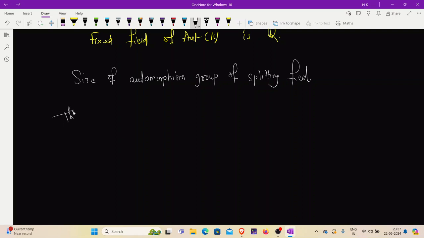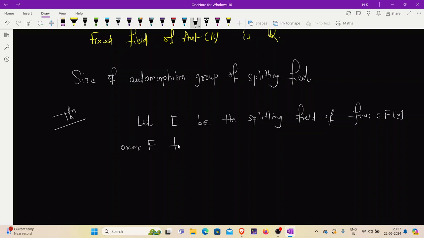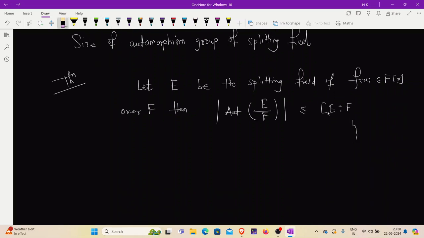So the theorem is like this: let E, capital E, be the splitting field of f of x belonging to F[x] over F. Then the size of the automorphism group of the splitting field E over the base field F is always less than or equal to the degree of extension of E over F, right?